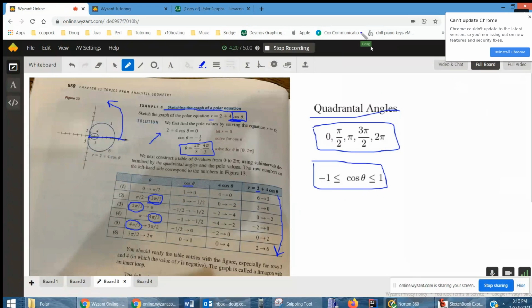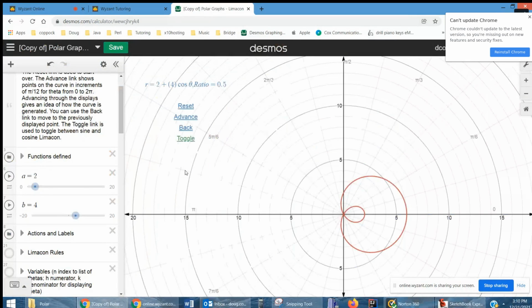But if I share my screen and go to Desmos, here is the graph of 2 plus 4 cosine of theta. The ratio is 1/2, so we do have a limacon with an inner loop. If I click this advance button, it'll start rotating from 0 all the way to 2 pi and display different points.